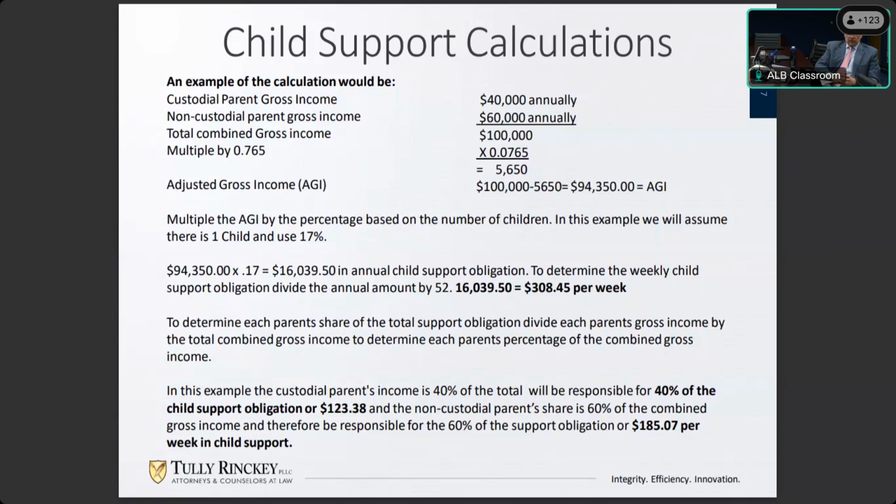If the insurance cost that one party has for the child is, let's say, $100 a week, okay, that's divided 60%, 40%.